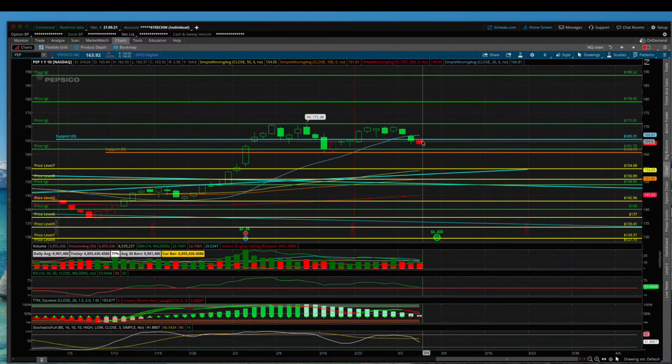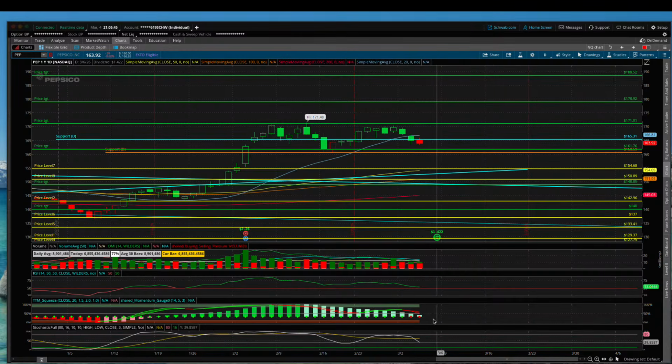The daily says, hey, we're just consolidating. We're set up, we could easily break 170, 150. We go 180 and more. So what I would do here, I would just get more time on Pepsi. It doesn't look bad. It looks fine. RSI's above 50 still. We're building a squeeze.